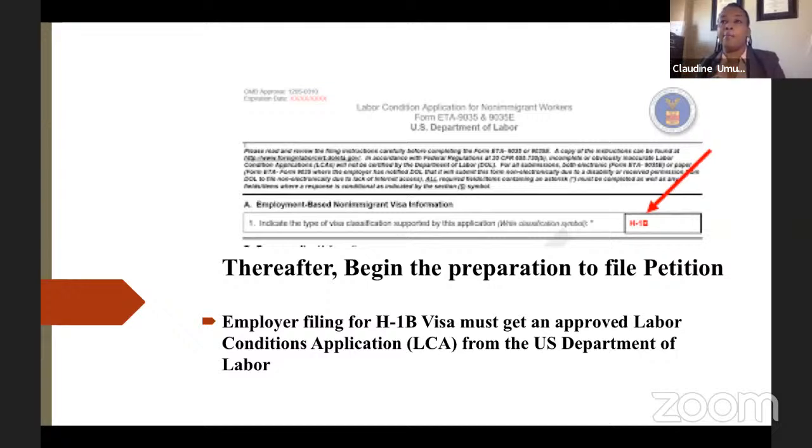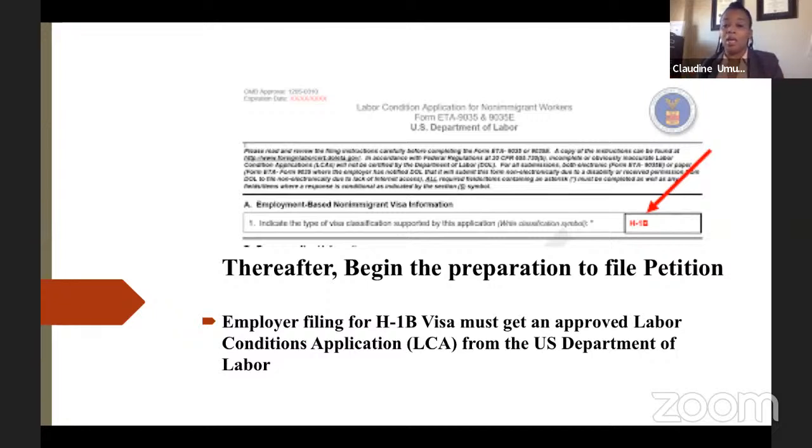To protect the U.S. workers, when the U.S. Congress enacted this law, it made a condition that yes, you can hire foreign workers. However, you have to make sure the wage or the salary is not below the prevailing wage in the location where that foreign national will be employed.